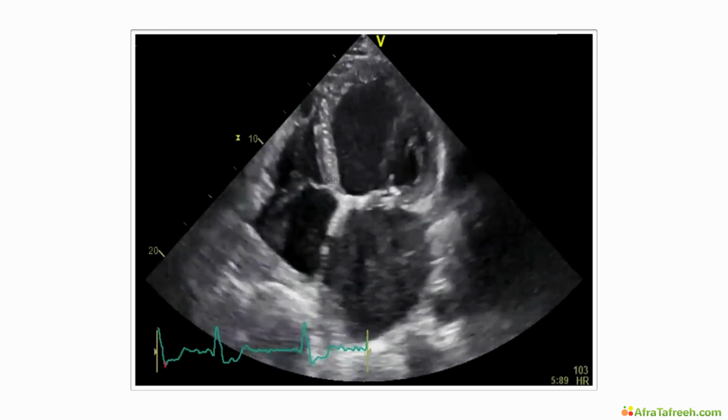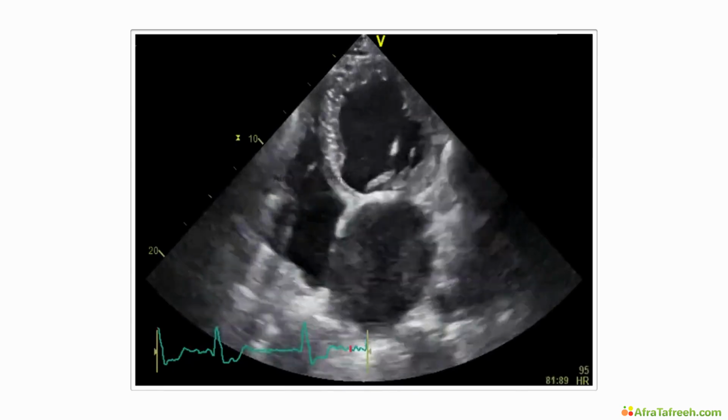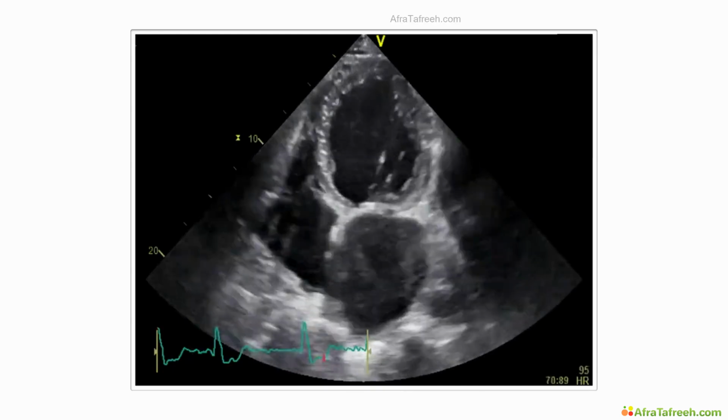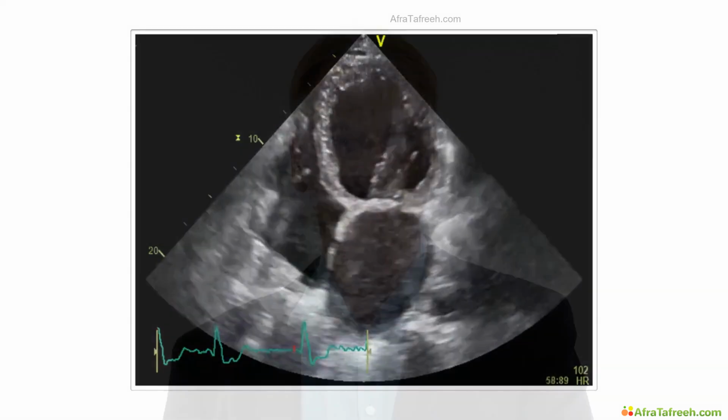In addition, you have a large left atrium, which also predisposes to slow flow. You have a reduction in left ventricle function, and furthermore, the patient also has atrial fibrillation. So this is the kind of patient where I would be really worried that he might develop a thrombus. But again, the two key factors for the development of a thrombus are slow flow and a thrombogenic surface.